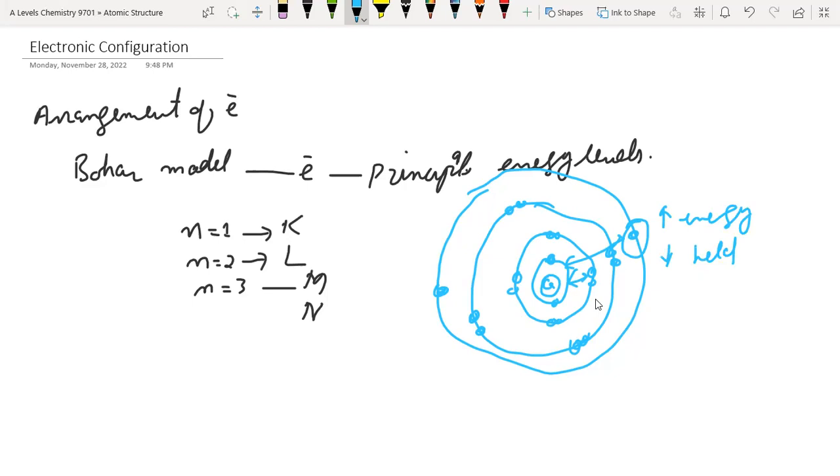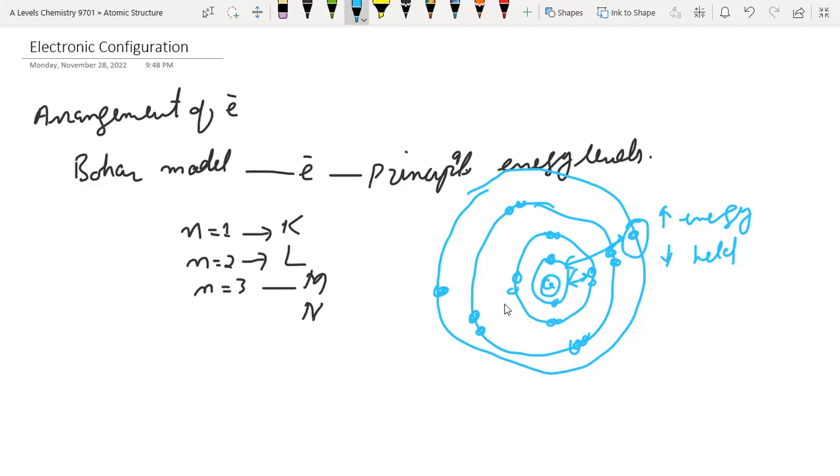This was the basic idea of the Bohr atomic model, that electrons surrounding the nucleus are in different energy levels. Electrons near the nucleus are more tightly held and have less energy. Electrons away from the nucleus are less tightly held and have greater energy. This was the basic idea behind the Bohr atomic model.